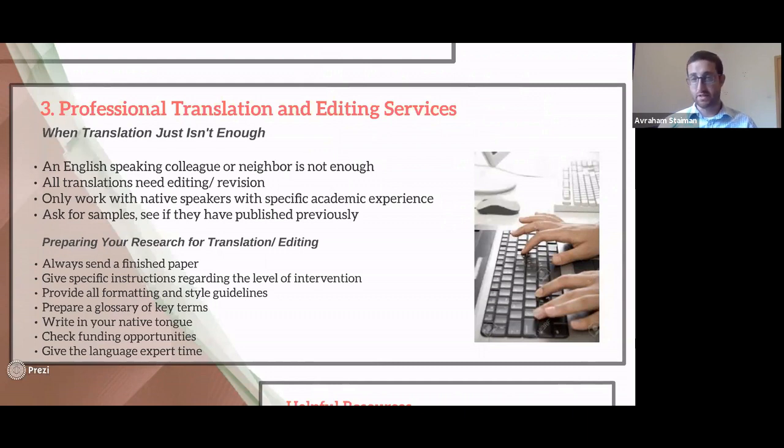You may think that you're saving some time and money by getting an English colleague to do it. It may end up costing you more time and more money. And that is because translation is a very delicate balance. There's a balance between, on the one hand, being very true to the source and not straying from it and creating a totally brand new text.